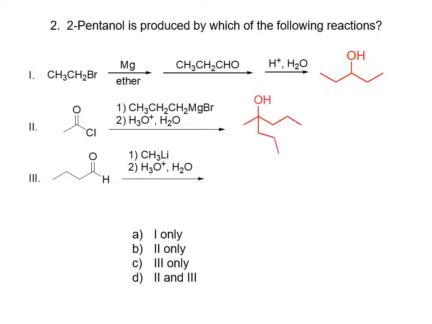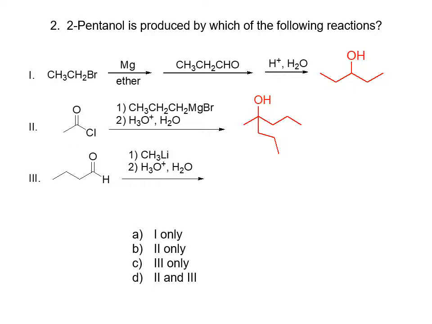Next one is reaction of acyl chloride, ethanoyl chloride or acetyl chloride, with propyl magnesium bromide followed by acidic workup. An acyl chloride reacts with 2 equivalents of Grignard reagent or organolithium reagent to give the corresponding tertiary alcohol where 2 substituents on the alcohol carbon are identical because they come from the organometallic reagent.